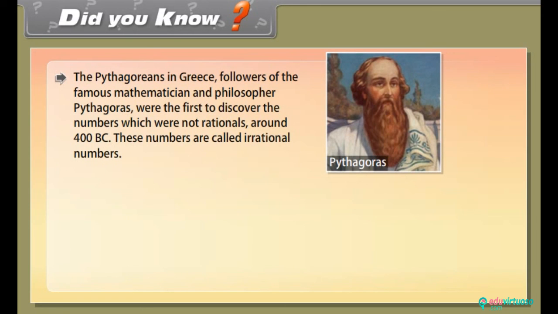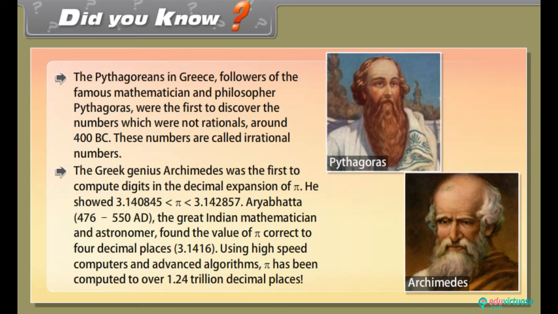Did you know? The Pythagoreans in Greece, followers of the famous mathematician and philosopher Pythagoras, were the first to discover the numbers which were not rationals, around 400 BC. These numbers are called irrational numbers. The Greek genius Archimedes was the first to compute digits in the decimal expansion of pi.